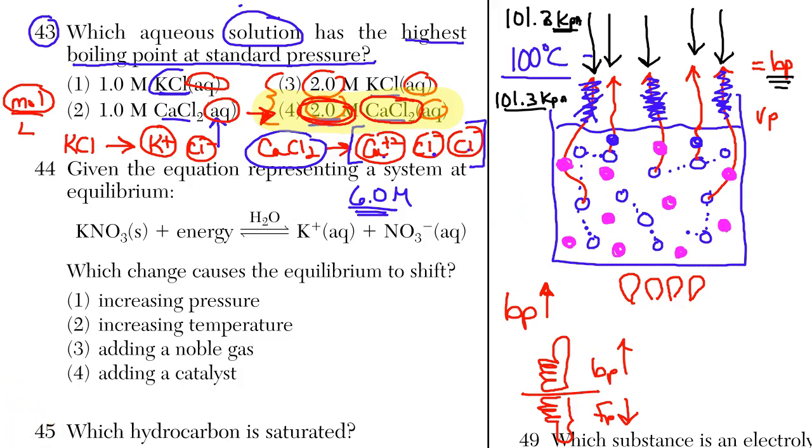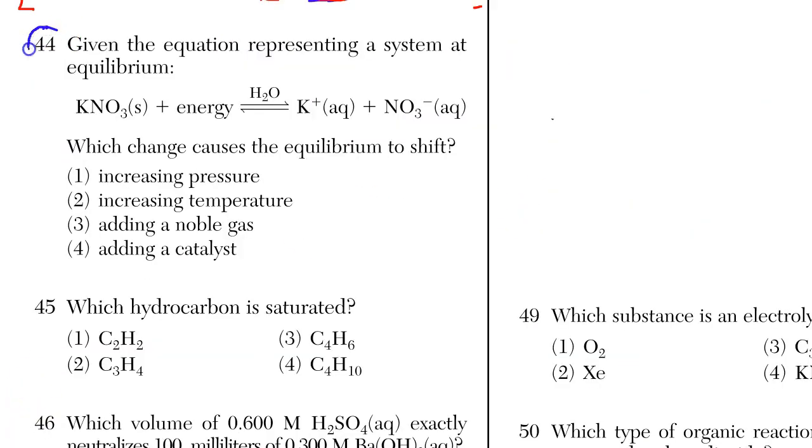Number 44. Given the equation representing a system at equilibrium, which change causes the equilibrium to shift? Ooh, shifting equilibrium. This is screaming to me Le Chatelier's principle. They want to know which of the following stress will cause the reaction to shift.